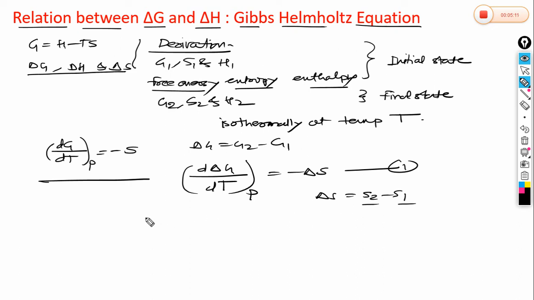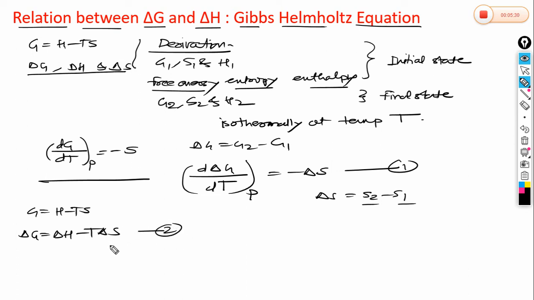Now we know the basic relation G is equal to H minus Ts. We can write delta G is equal to delta H minus T delta S in an isothermal process. This is equation number 2.